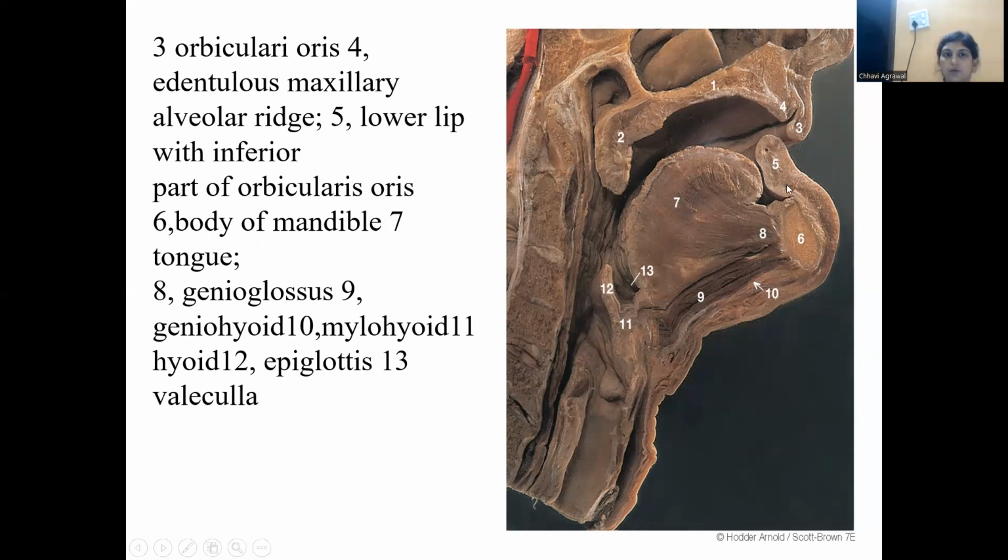This is the part of the lower lip with inferior part of the orbicularis oris. This is the part of body of mandible. This is the genioglossus muscle. This is the geniohyoid muscle. This is the mylohyoid muscle. Here is the hyoid bone, epiglottis.